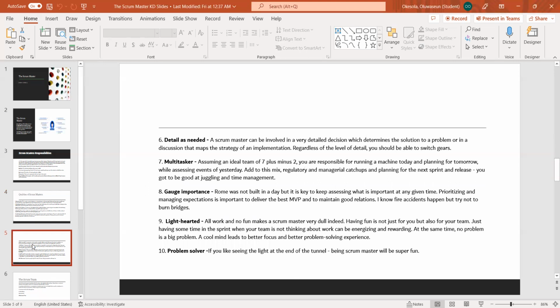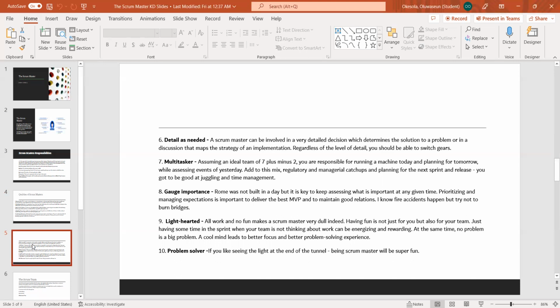Then the next one, detail as needed. A Scrum Master can be involved in a very detailed decision which determines the solution to a problem, in a discussion that maps the strategy of an implementation. Regardless of the level of detail, you should be able to switch gears. Multitasker. A Scrum Master is also a multitasker.